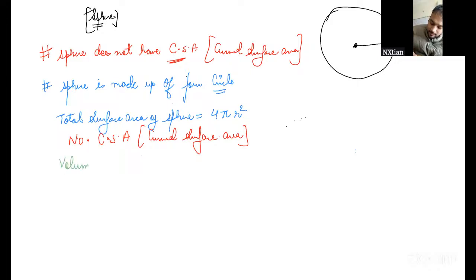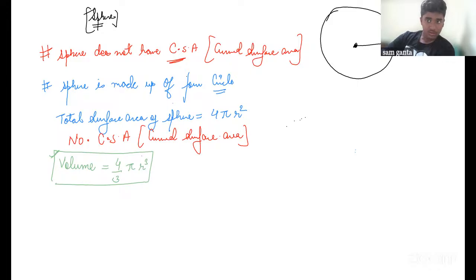For the volume part, the formula is 4 by 3 pi r cube. 4 by 3 pi r cube. Quickly write it down. It's r cube, sir. Yes, r cube.